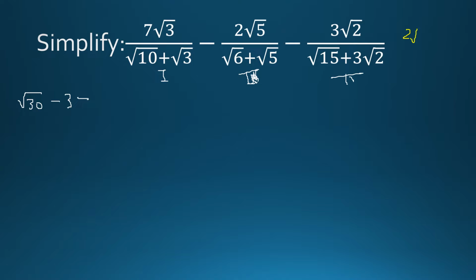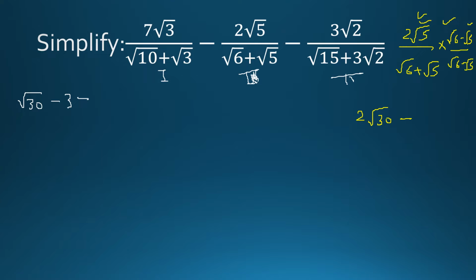Okay then. So we have 2 root 5 by root 6 plus root 5. We will multiply it by minus sign. Yes or no? When 2 root 5 gets multiplied by root 6, it will become root 30, 2 root 30, minus. If you multiply root 5 and root 5, it will give you 5. So 5 times 2 is 10.